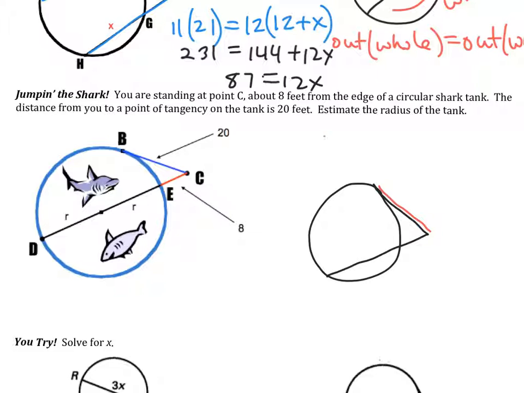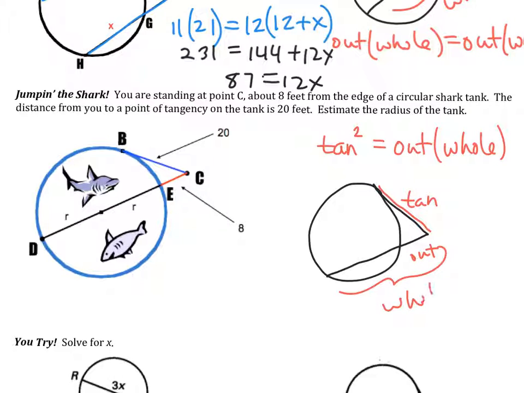Tangent squared is equal to the outside times the whole of our secant. Remember, this is still our outside and this is still the whole thing. So the tangent is the outside and the whole thing, which is why we just say tangent squared.